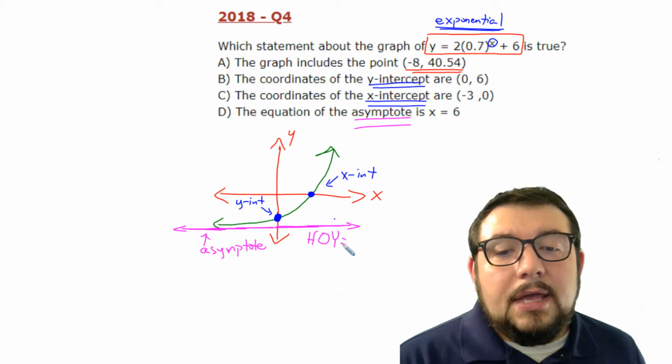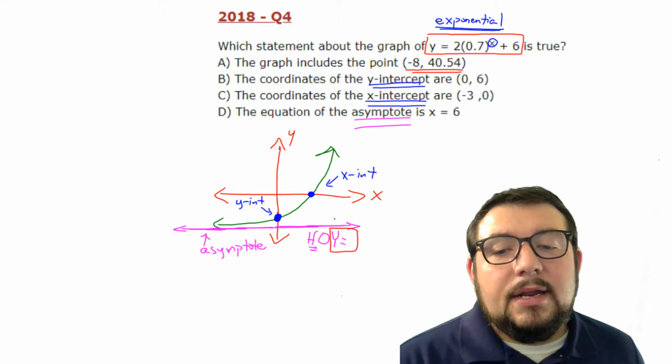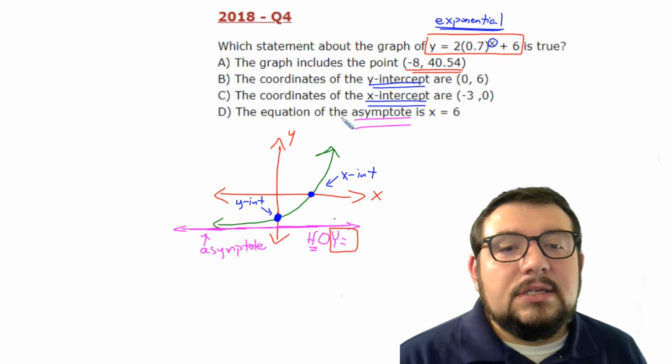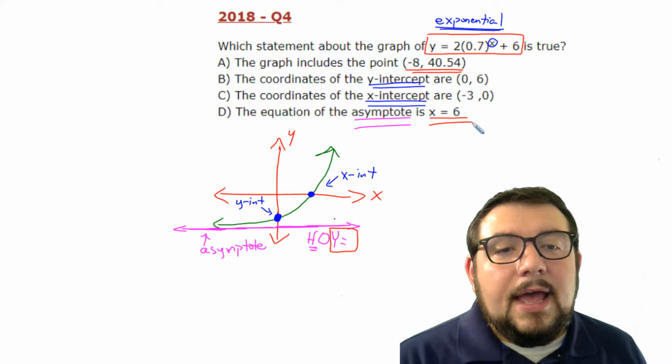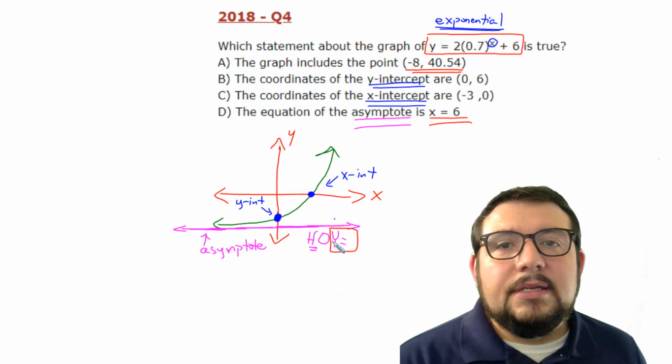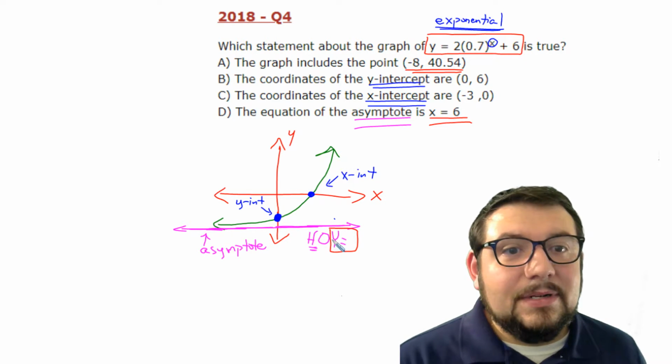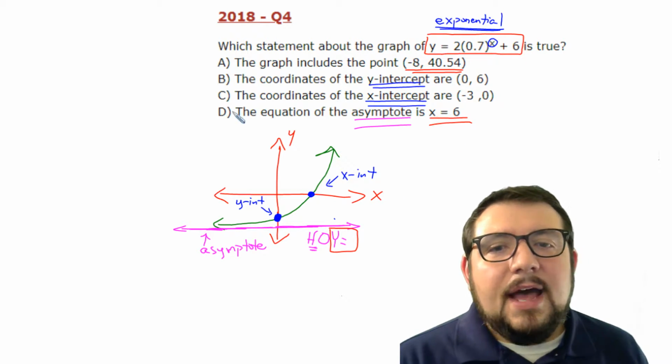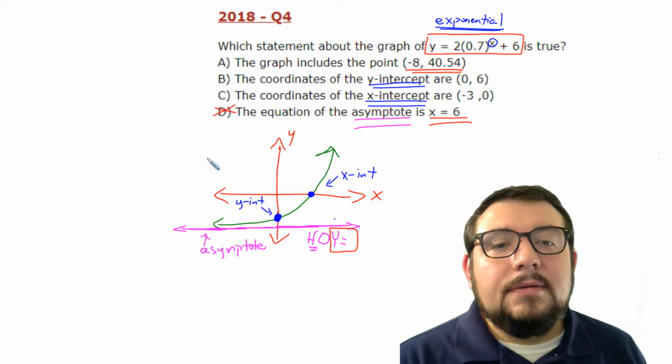The equation should start with y equals. Look, this says the equation of the asymptote is x equals 6. We cannot have a horizontal line that starts with x equals. This is a mathematical impossibility. So we cannot have that, and therefore we will eliminate choice D.